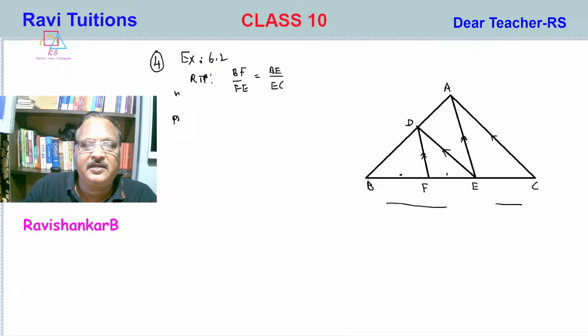So now let us start the proof. Let us take one triangle, triangle ABC.